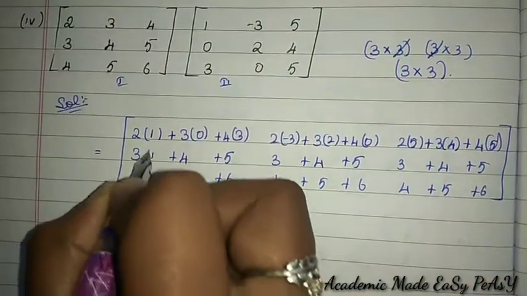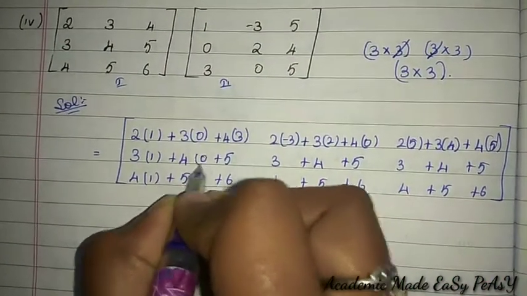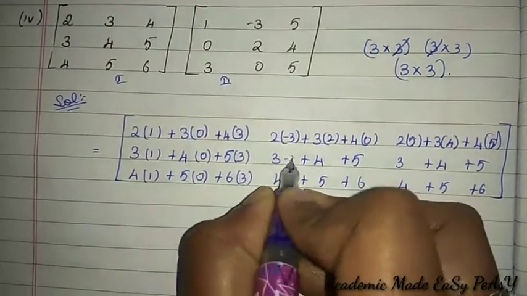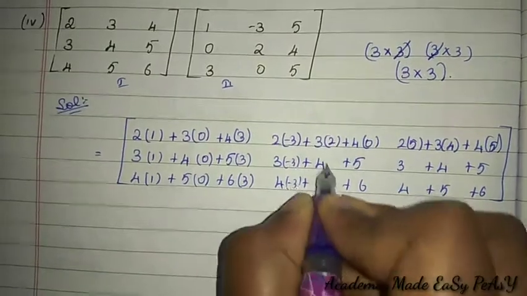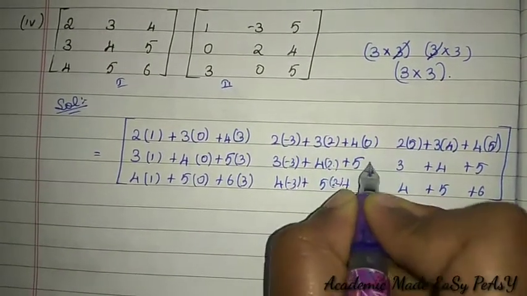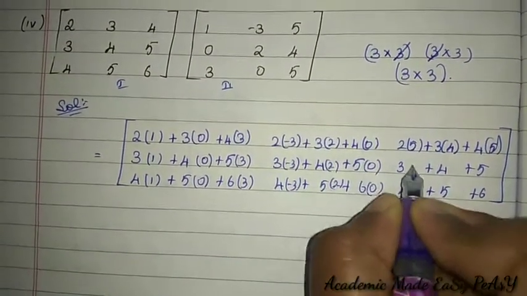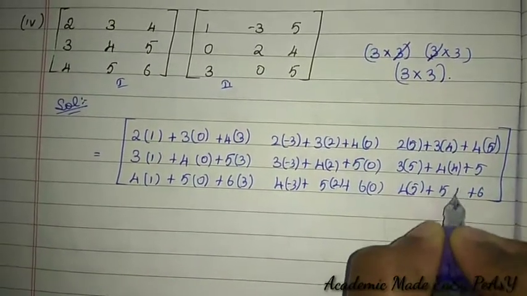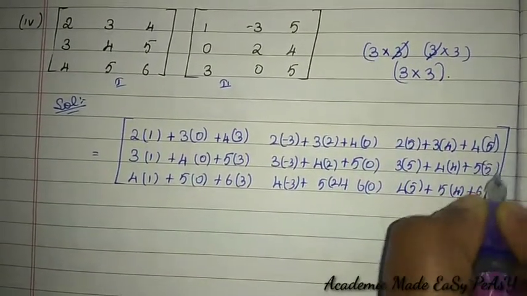So now I will write it down. 1, 0, 3, minus 3, 2, 0, 5, 4, 5.